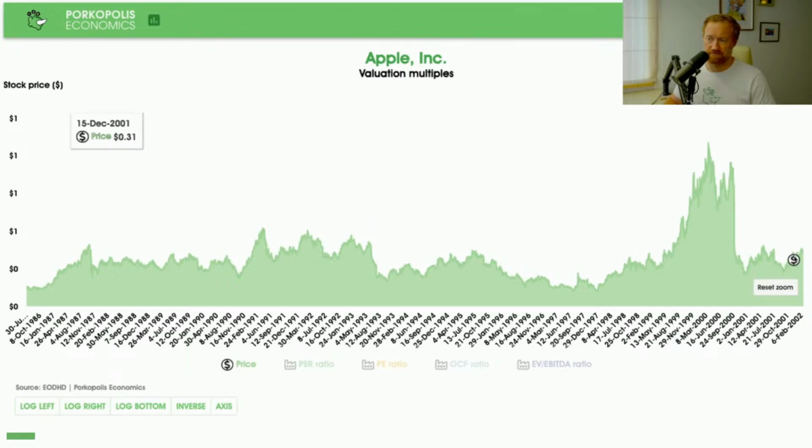And obviously, once the iPod and then the iPhone started up, they really kicked things off. But big drop here during the .com boom and bust. But split adjusted, relatively flat all through the 80s and the 90s.